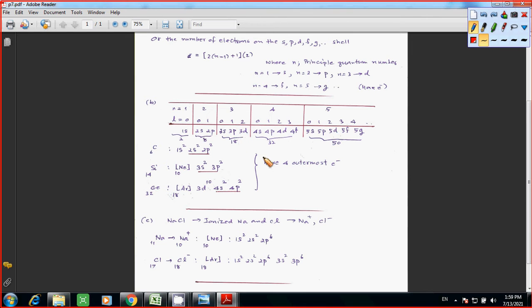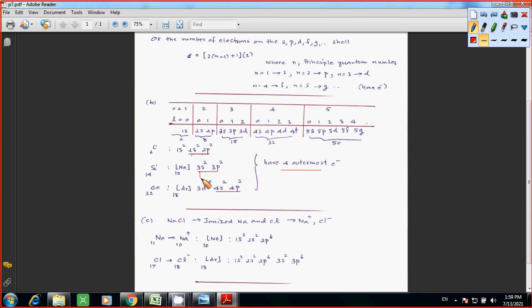So, what they have in common, if you noticed, is that they have 4 outermost electrons. For carbon, you have outermost electrons at n equal to 2.